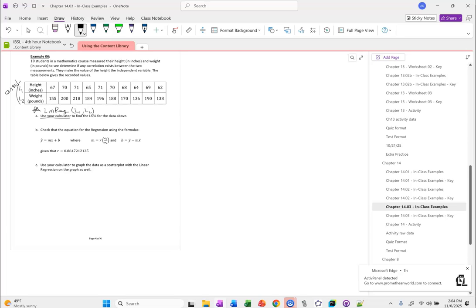I have that. Part B: check the equation for the regression using the formulas. How would I do that? Do you have to plug it into all those formulas?